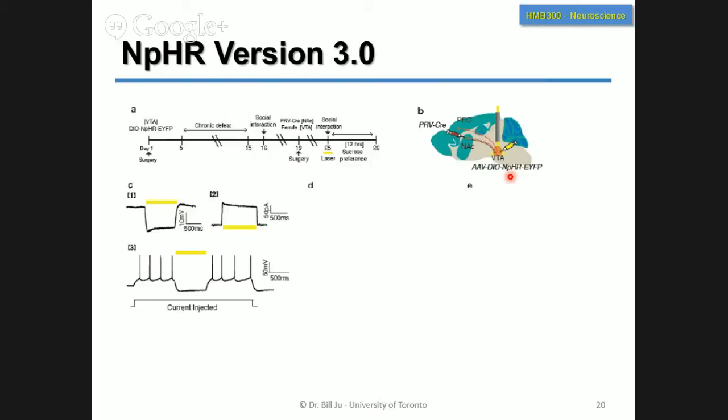You have a mouse that is stressed out and that you pushed over the edge by increasing its phasic firing rate, using that social defeat model I showed you, 10 days of social defeat, increased firing rate. Now I go in and introduce halorhodopsin. If I block that increased firing rate, do they behave normally? And exactly as you predict, they do.